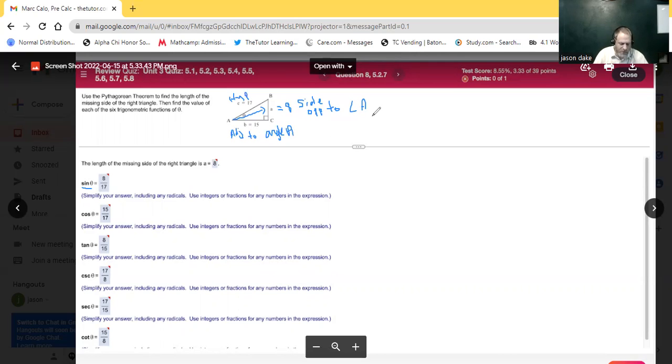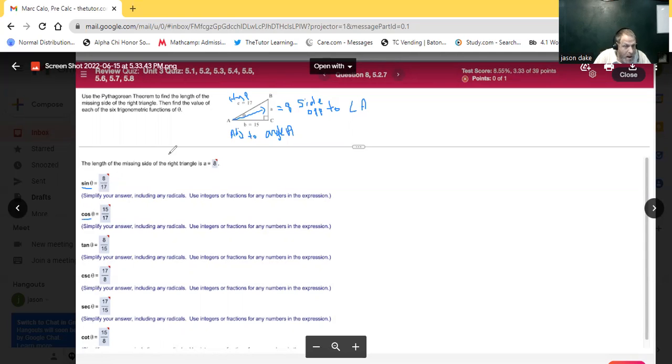So sine is 8 over 17. That means we are putting the side opposite to angle A over the hypotenuse. So that gives us 8 over 17.